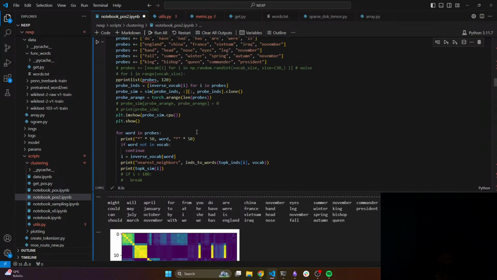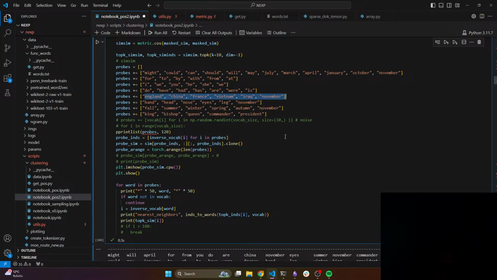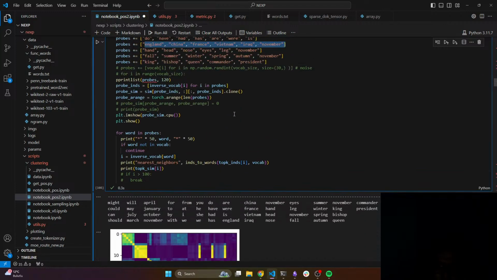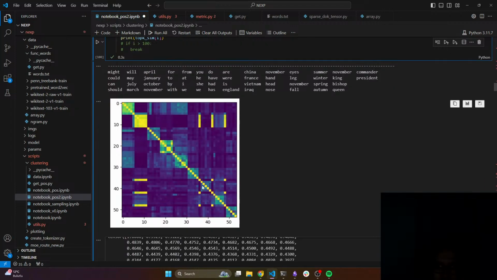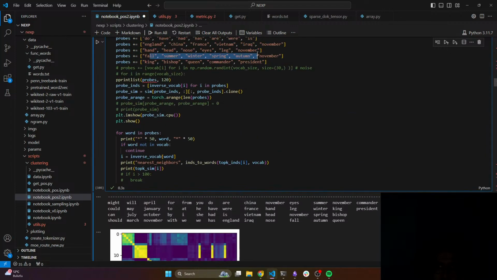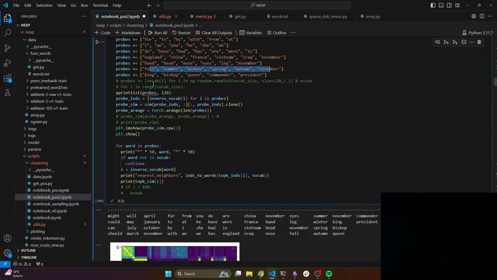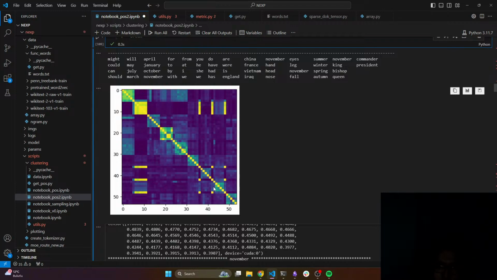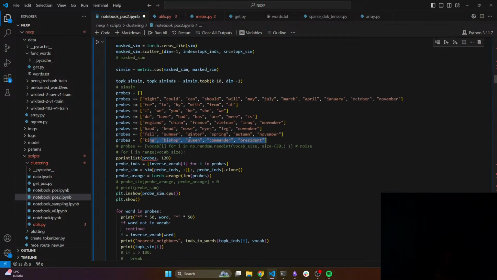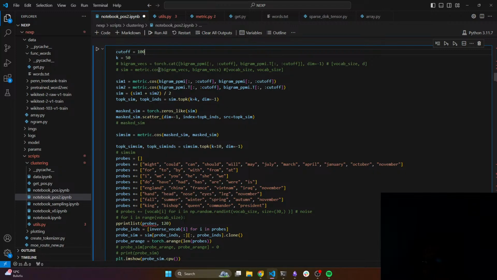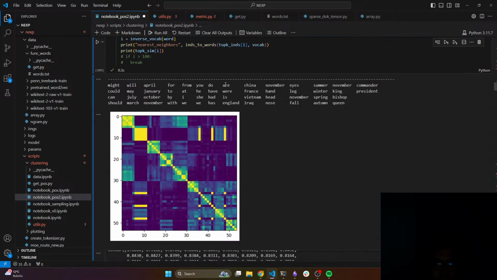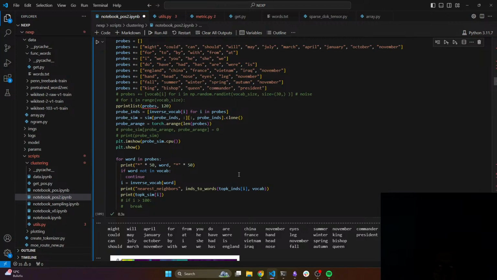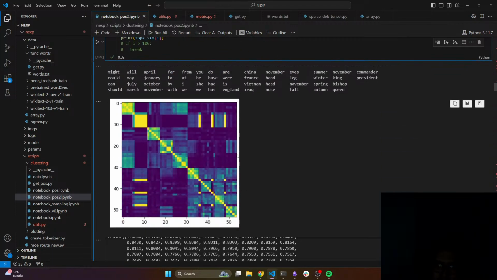This is a pretty good cluster. England, China, France. Hand, head, nose, eyes, leg. Fall, summer, winter, spring. King, bishop, queen, commander. Right? I would say pretty good, well-defined clusters. Now I don't think if I reduce it down all the way to 100 it would be better, right? Now again, everything is similar to everything else, partially because they are all from the same semantic category.